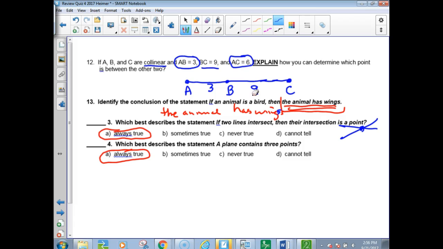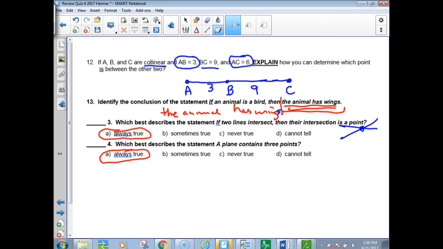That's what I'm trying to get at. Okay, so this is good. There's nothing wrong with how we're approaching this. Does that make sense, guys? 3 plus 9 would be 12, and that's not, wait a minute. It doesn't say AC is 12. So something's wrong. It's not B that's in the middle. Do you see what I'm getting at?